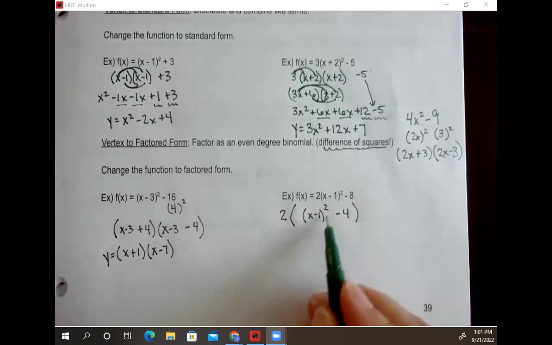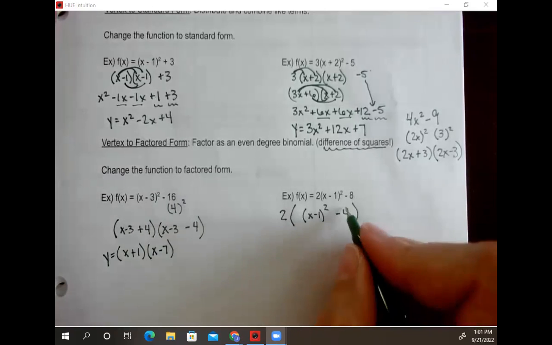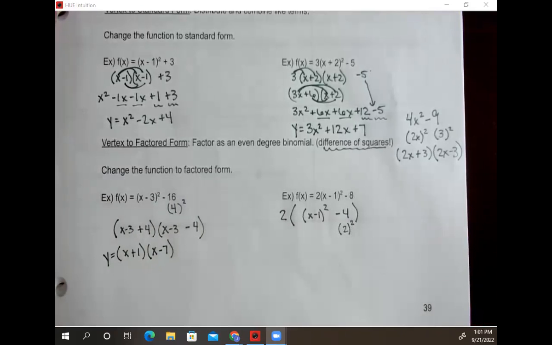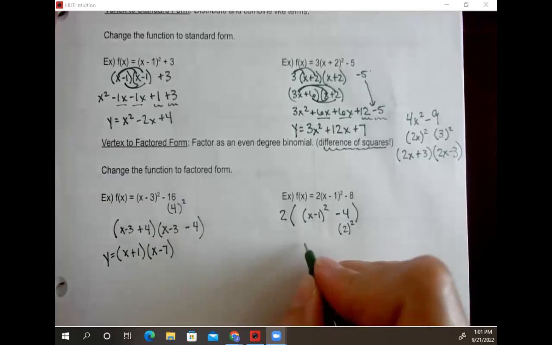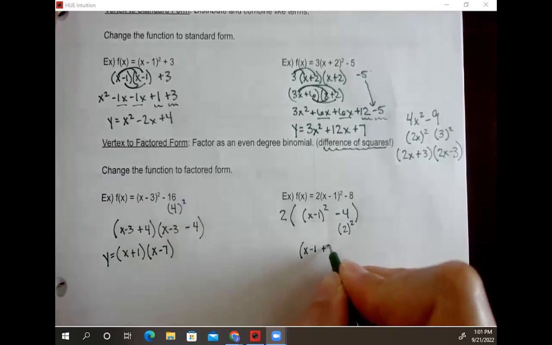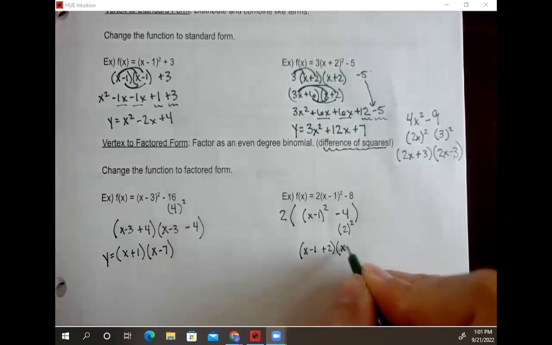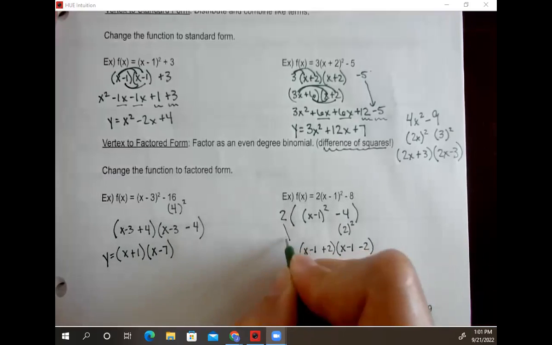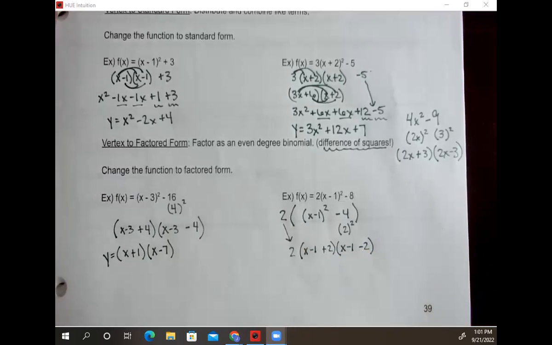Now, this is already written as something squared. And 4 would be 2 squared. So when I use that difference of squares pattern, I get x minus 1 plus 2 and x minus 1 minus 2. Don't forget your GCF in front. And then final step, tidy up your factors.